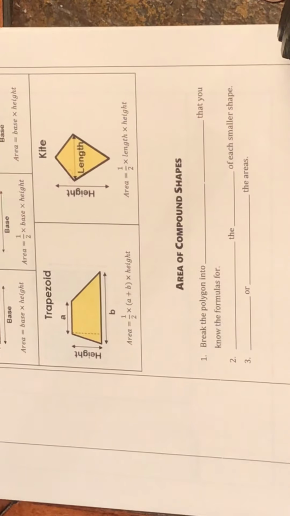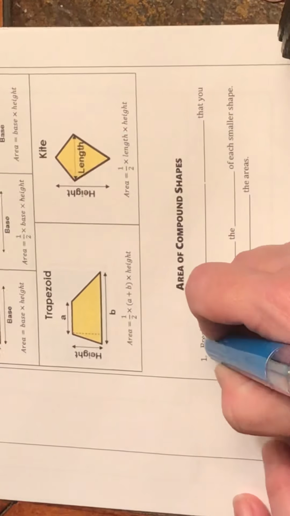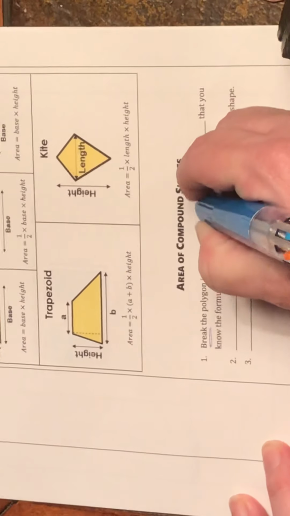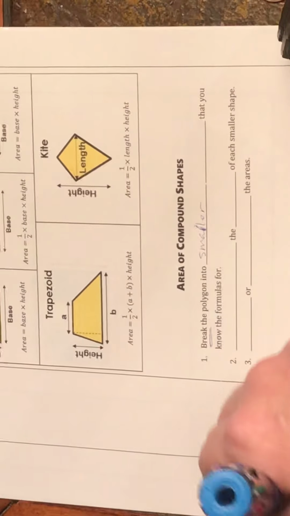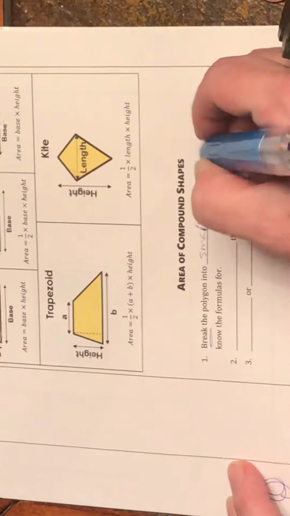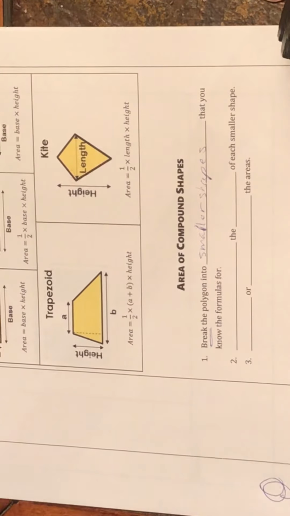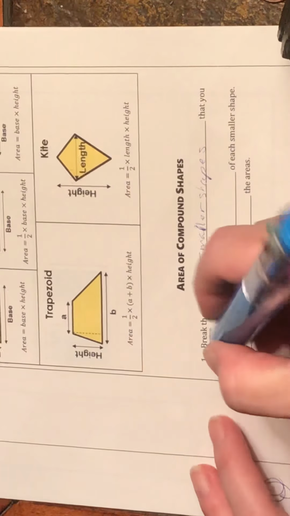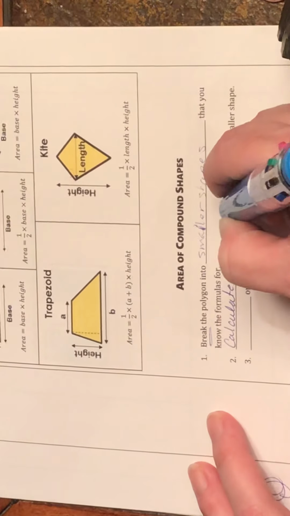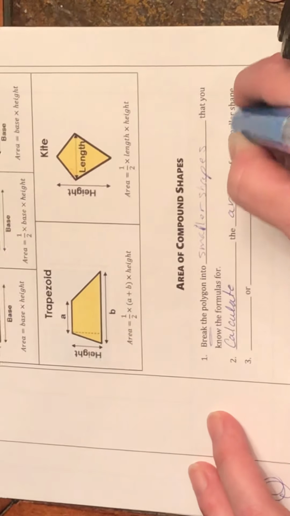The first thing that we do is to break the polygon down into smaller shapes that you know the formulas for. So you want to break it into pieces so that we can find those things. Then we calculate the area of each smaller shape.